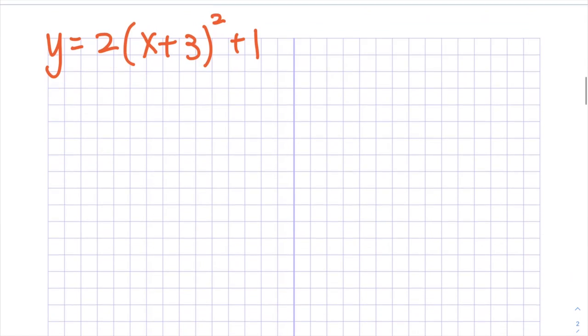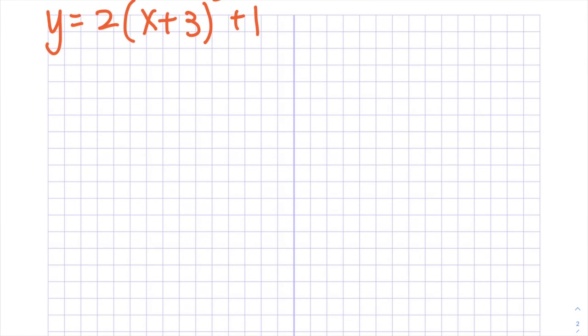Let's do another example. So y equals 2 times the quantity (x plus 3) squared plus 1. So b is negative 3, because we have to make this x minus the negative 3, and c equals 1. So our vertex is at (negative 3, 1).